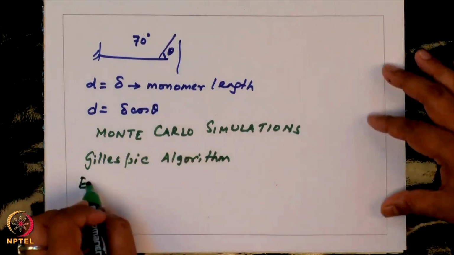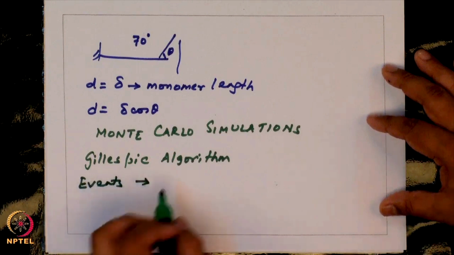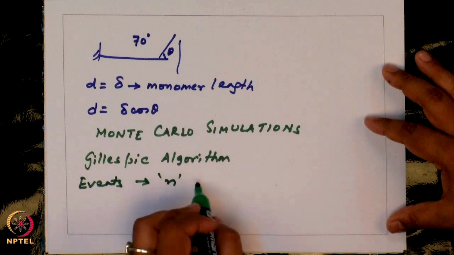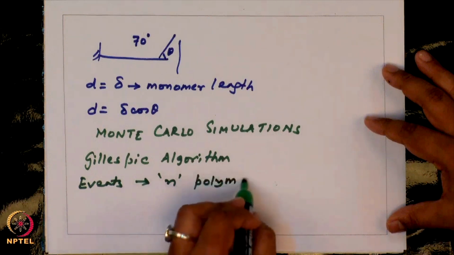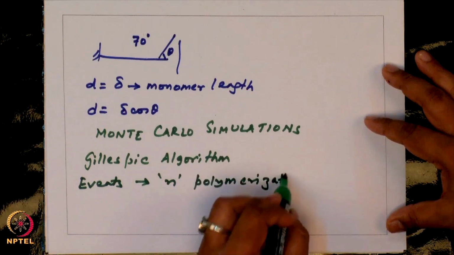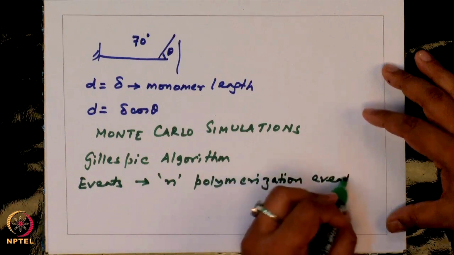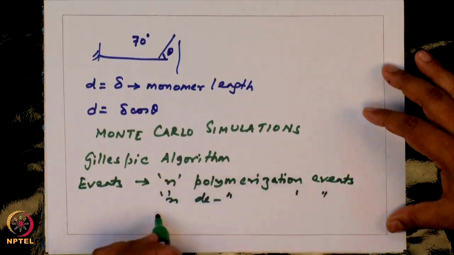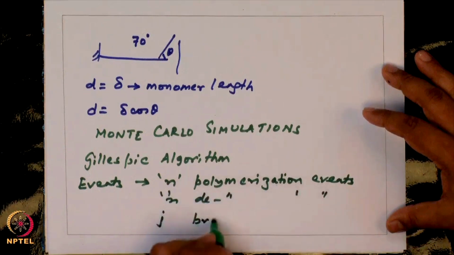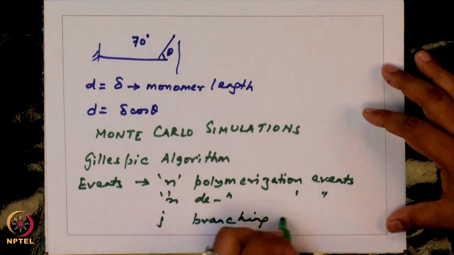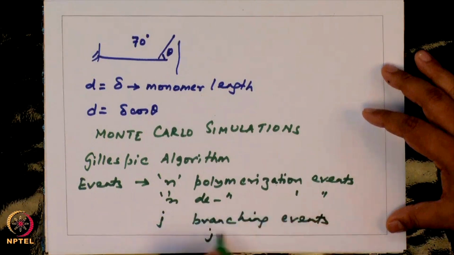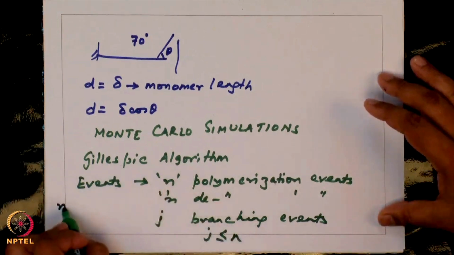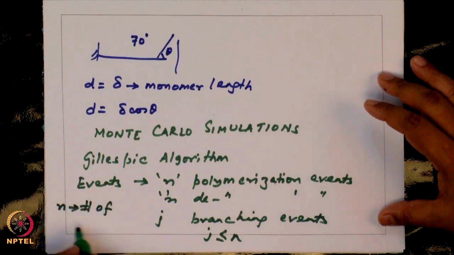Let us say what the events are: n polymerization events, n depolymerization events, and j branching events, where j is less than or equal to n. Here, n is the number of filaments.